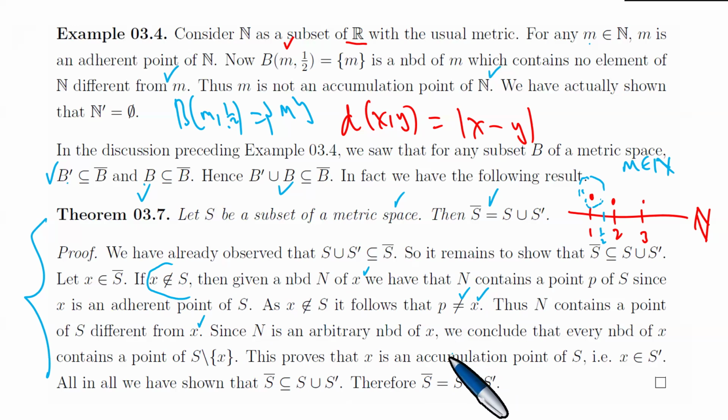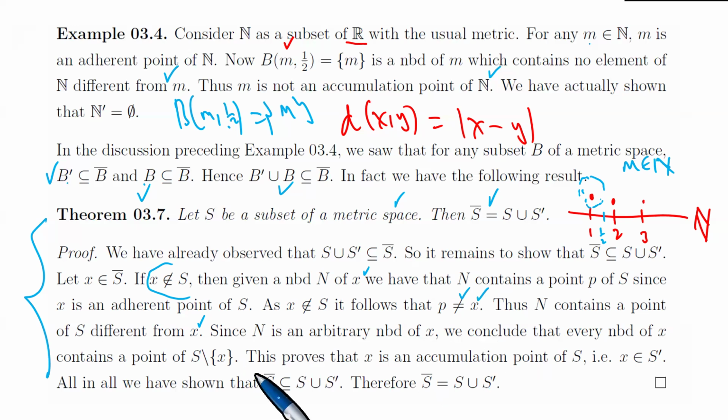Since N is an arbitrary neighborhood of X, we chose N to be a neighborhood of X, but an arbitrary, random one, we conclude that every neighborhood of X contains a point of S different from X. This proves that X is an accumulation point of S, because P and X are different.